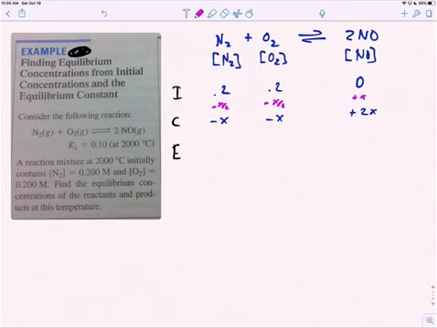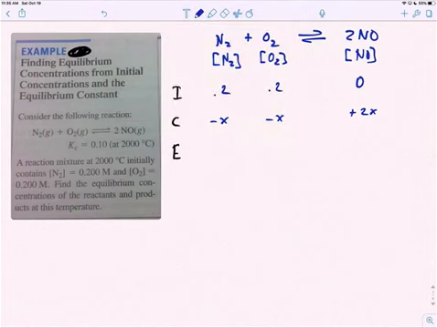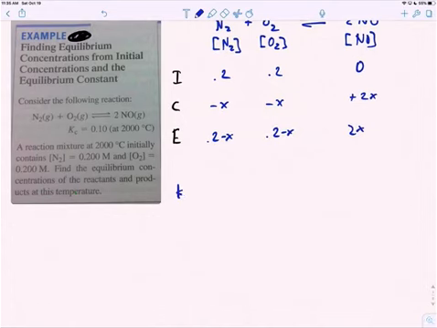I prefer not to do it that way; that's my own personal preference. So at equilibrium, this is 0.2 minus x, this is 0.2 minus x, and this is just 2x.